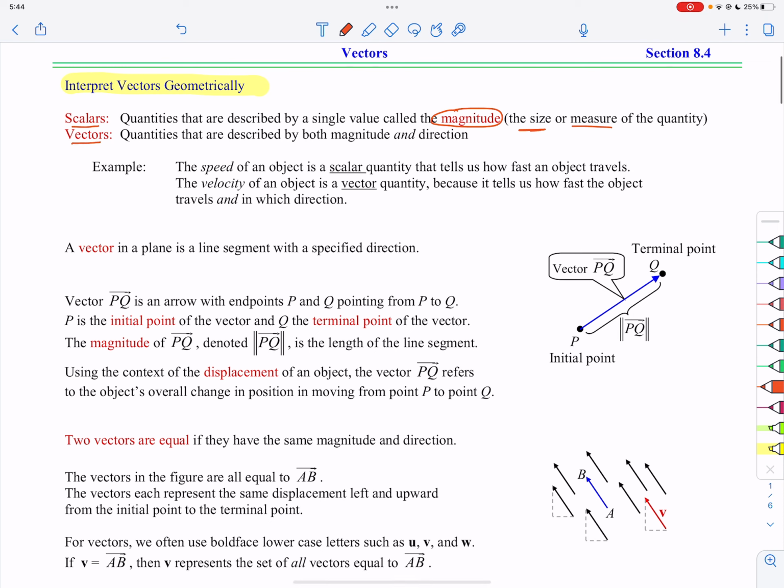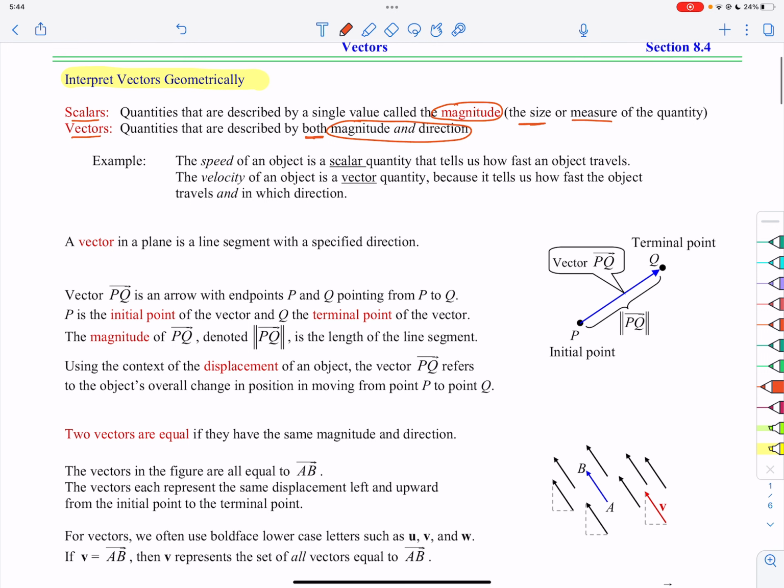Then we're going to be talking about vectors, and those are quantities that are described by both magnitude and direction. So for example, the speed of an object is a scalar quantity that tells us how fast an object travels.